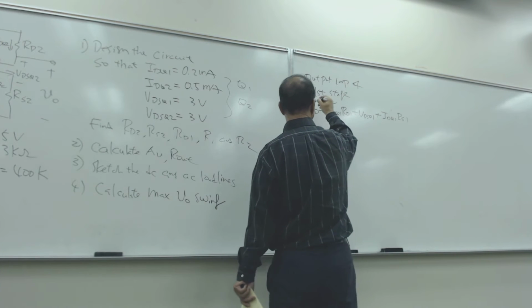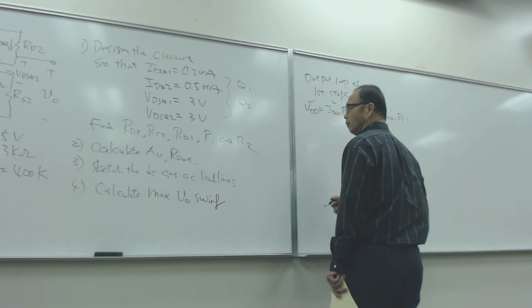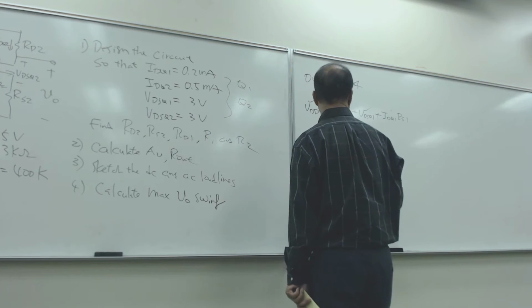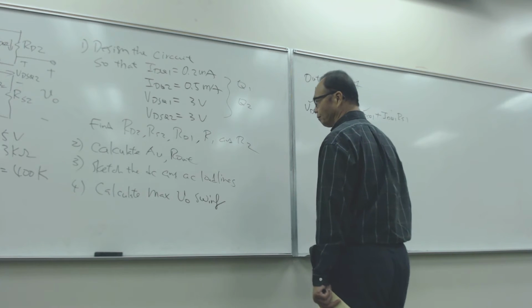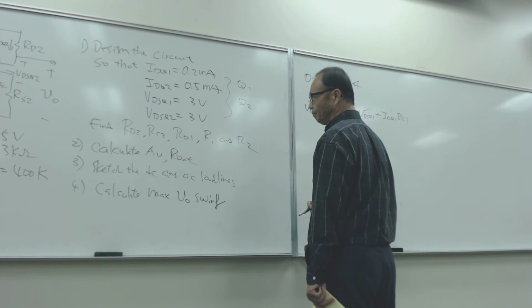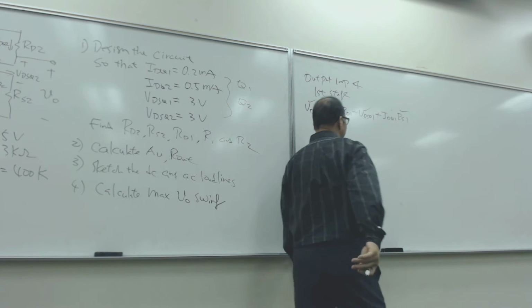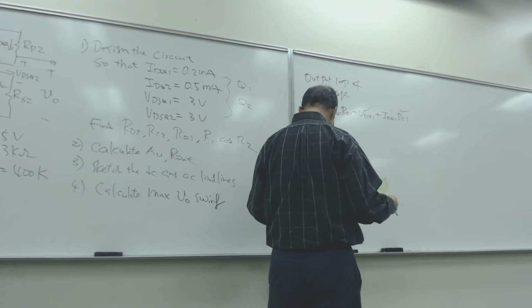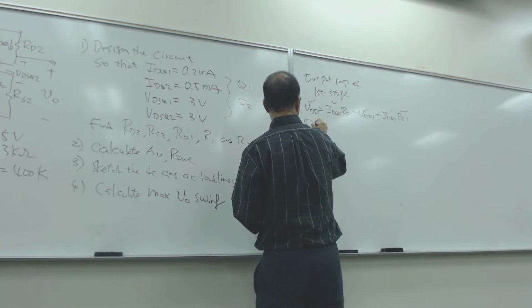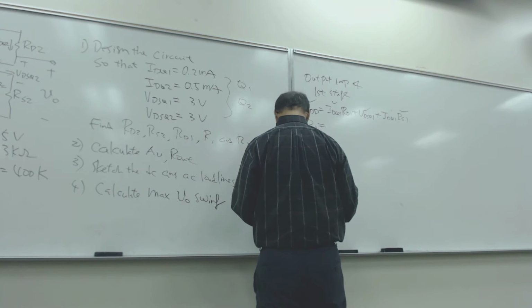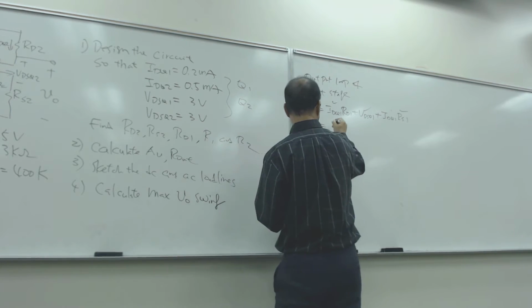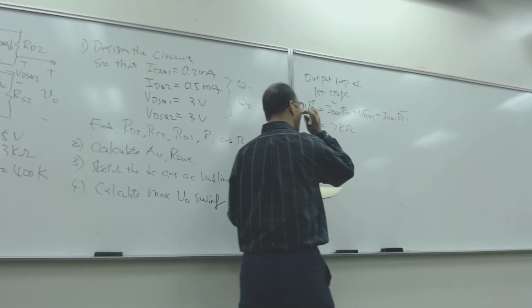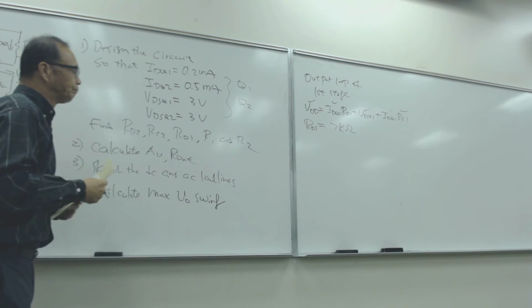This is known, correct? Known. Known. RS1 is known, right? So therefore, the only unknown is RD1. So therefore, I can calculate RD1, and that is equal to 7k ohm. Alright?